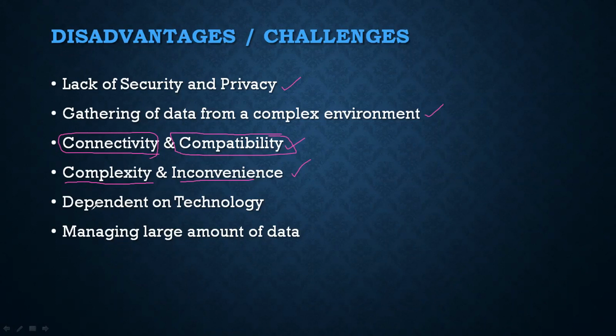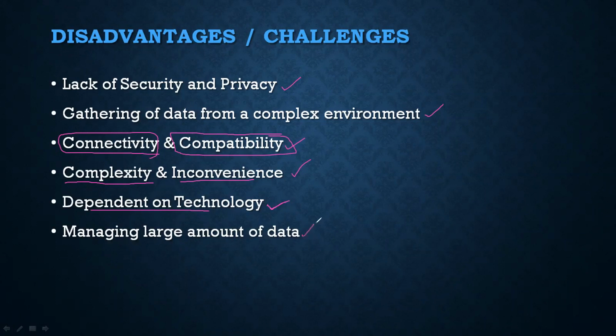Next thing is dependence on technology. Everything is automated by the IoT system, and this IoT system takes control of human life. That means we depend more on technology. Next one is managing a large amount of data.